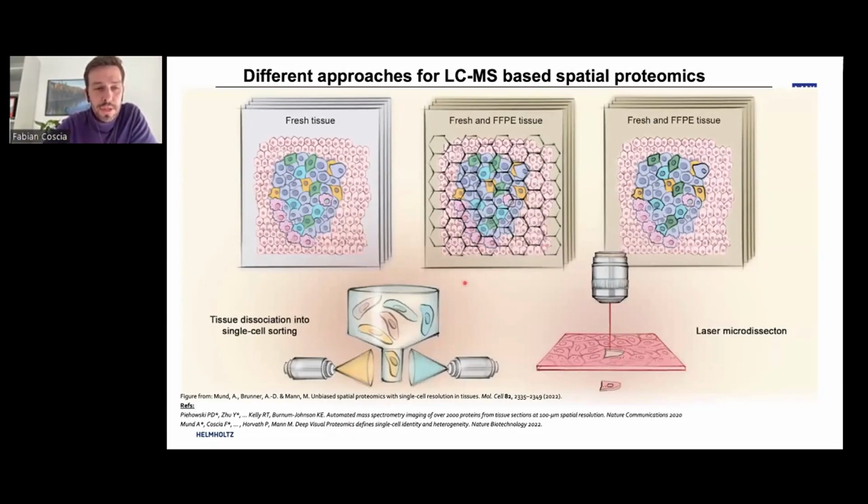So we need to couple these methods with other microscopy techniques, such as laser microdissection, that allow us to isolate individual regions of interest or even individual single cells in the native tissue environment context. After isolation, we can extract the proteins and measure the deep proteome. Laser microdissection is an absolutely important and integral part of LC-MS-based spatial tissue proteomics, and I will come to that in a few slides.